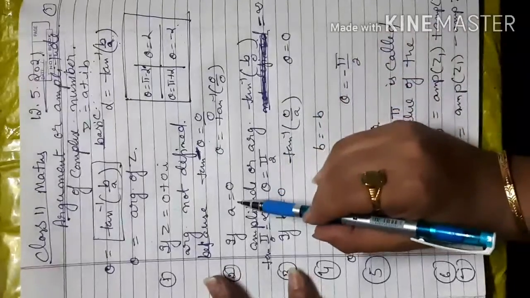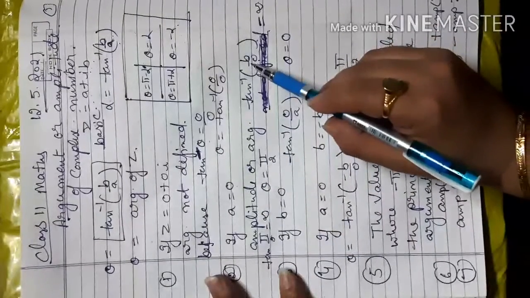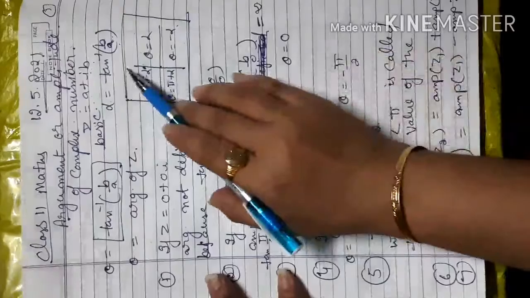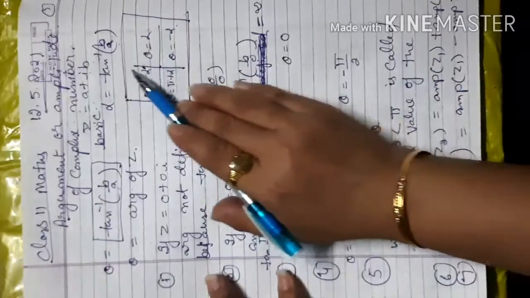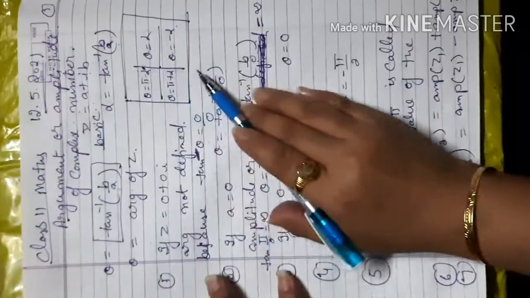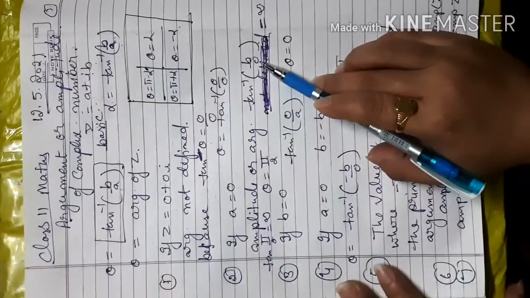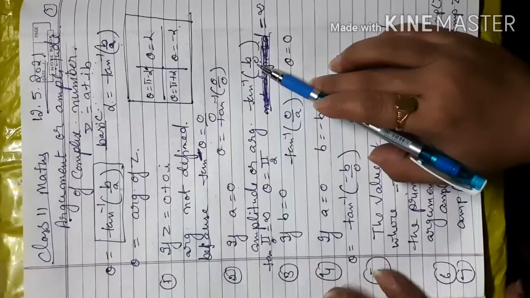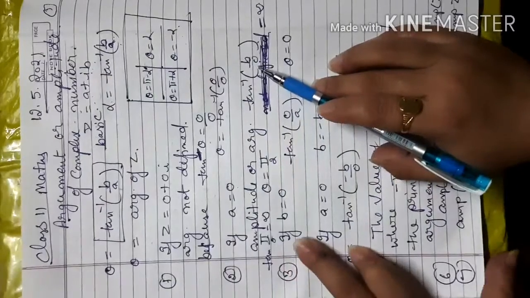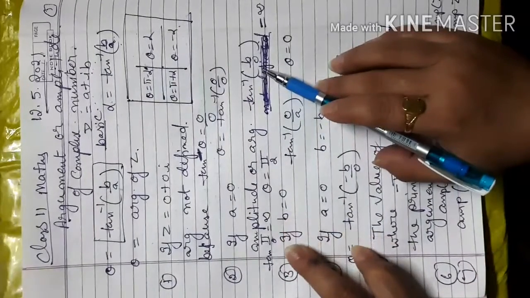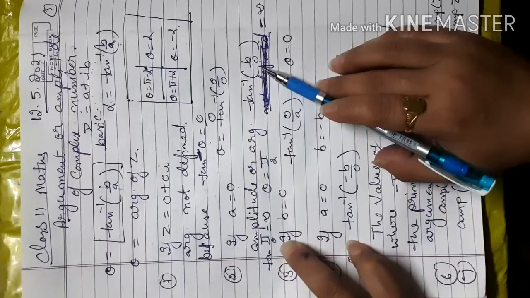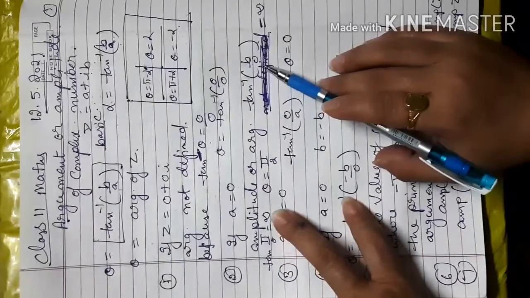If your real part is 0 and only the imaginary part is there, that means your complex number lies only on the imaginary axis, so it is b by 0. If the denominator is 0, that is infinite, and tan of pi by 2, that means tan 90 degrees, is equal to infinity.